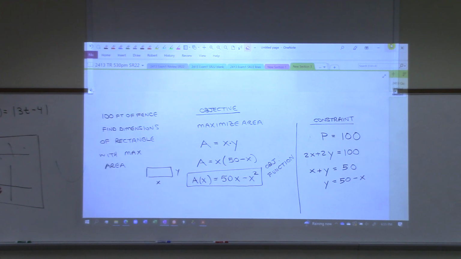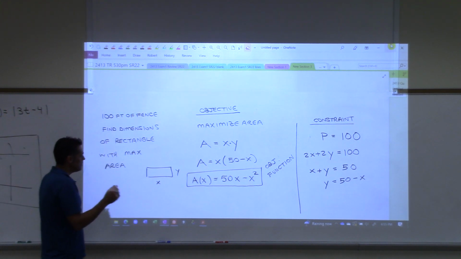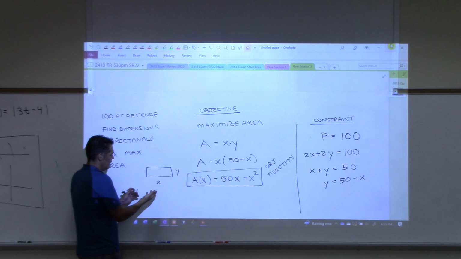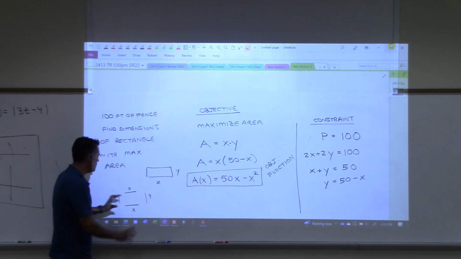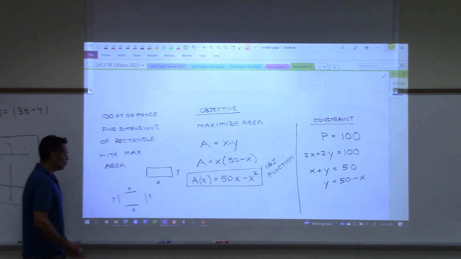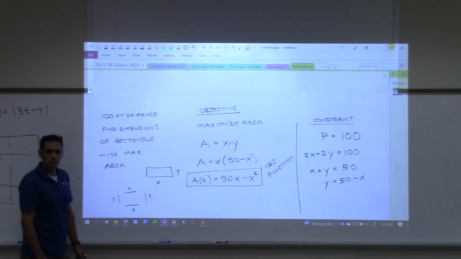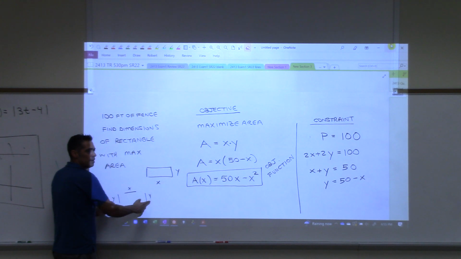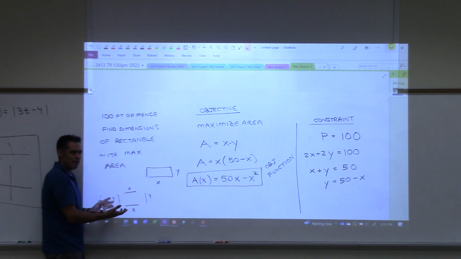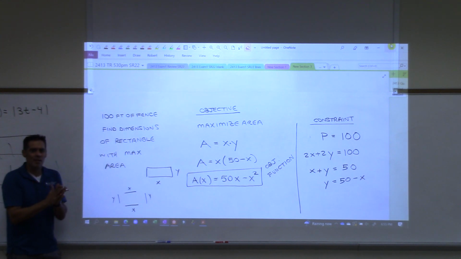This is a little subtlety. Students always have trouble with this part. Let's say I was going to go build this, right? And I have my x's that I'm going to build, and then I have my two y's, right? I'm going to build these, and I put them together. Could I let x be 0? And then use 50 feet here and 50 feet here? I could, but that's stupid, though. But that would be the absolute smallest x could be.